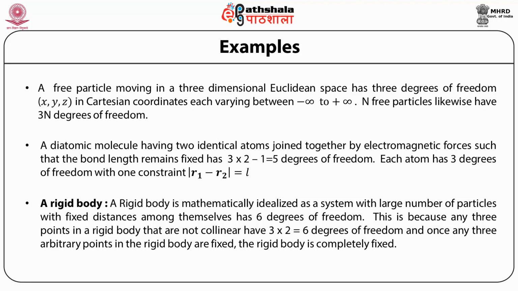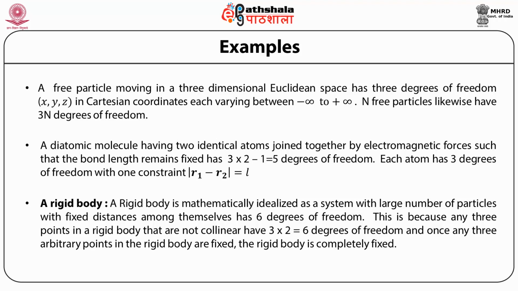Since the distance between these points remains fixed, fixing these 3 non-collinear points would fix the orientation and position of the rigid body. And therefore, to fix that, we require 3 into 2 is equal to 6 degrees of freedom. Once these three arbitrary points in the rigid body are fixed, the rigid body is completely fixed.